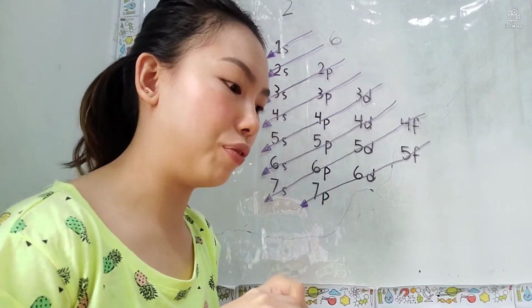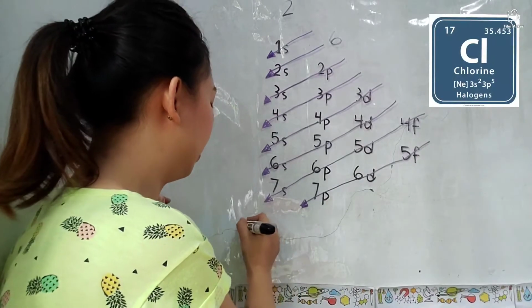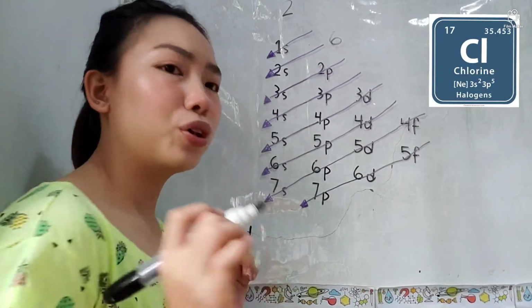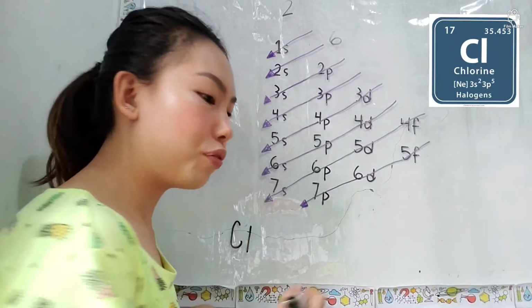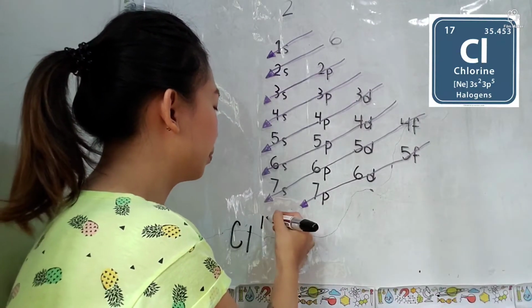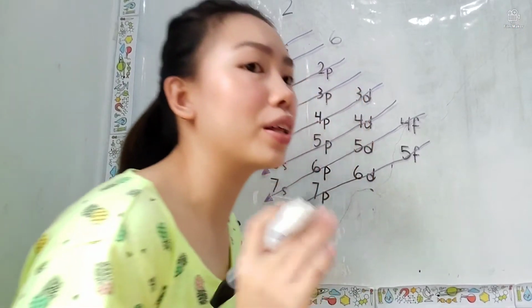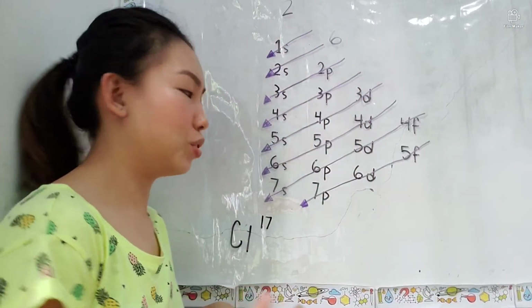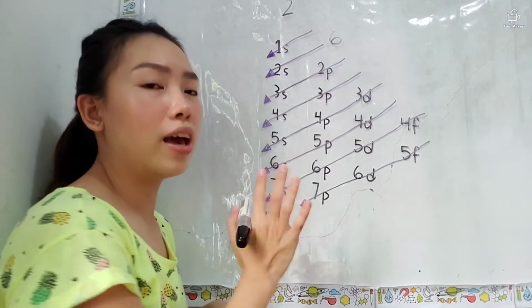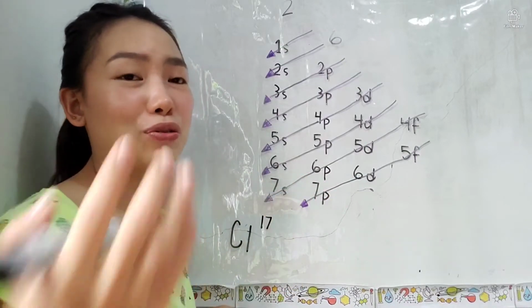Example, we have chlorine. Chlorine has an atomic number of 17. So, ilang electrons ang kailangan mong gawin in the chlorine? So, you have to make 17 electrons in electron configuration.